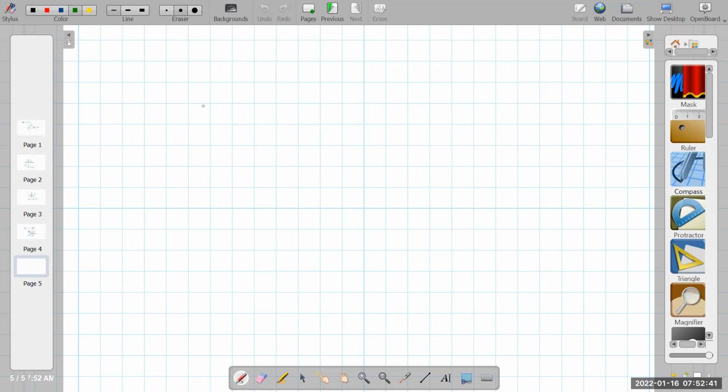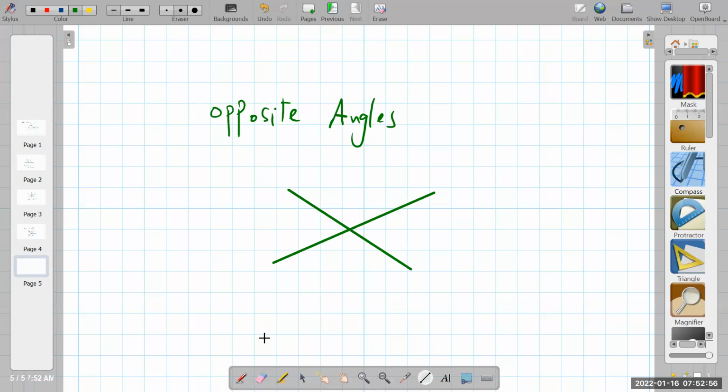is opposite angles. Opposite angles are equal. This is the rule. Opposite angles are always equal.